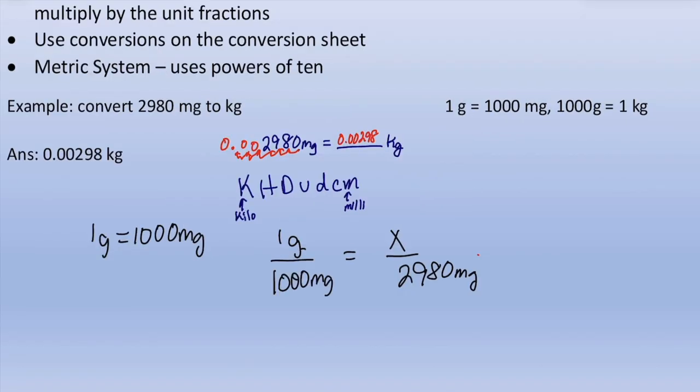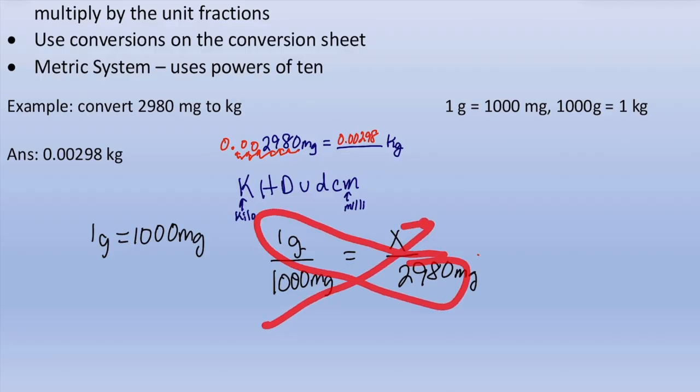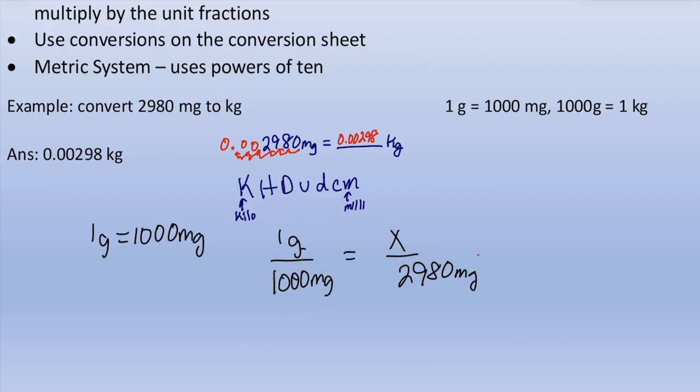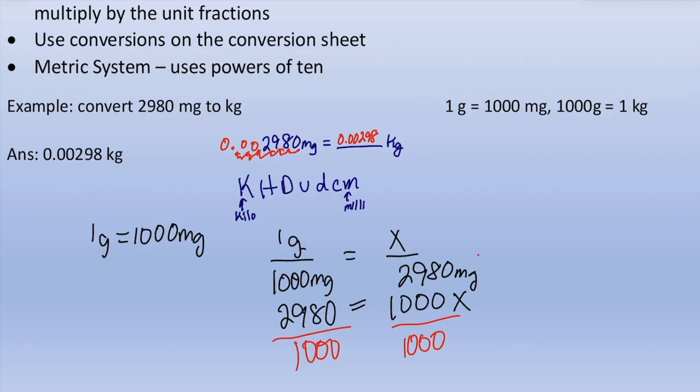Well, this is only going to get us to grams. So again, to solve a proportion, cross multiply. So we get that 2,980 equals 1,000x, which tells us we have to divide by 1,000. And so we get 2,980 divided by 1,000 is 2.980.